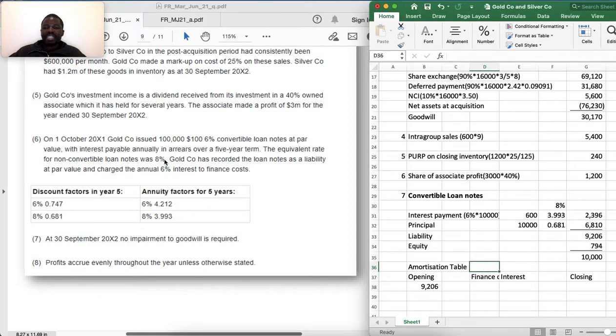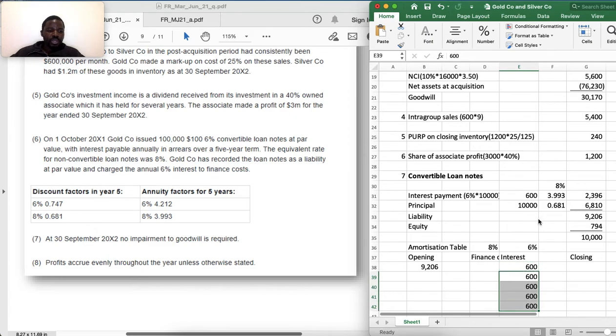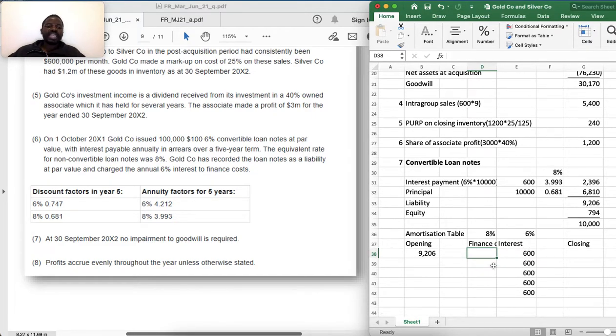always the finance cost is the percentage of the non-convertible bond, but the 6% is the par value of the convertible bond, and the 6% interest we have already calculated is 600. So with your permission, I will run through 4 years, 5 years to show you clearly how this works.